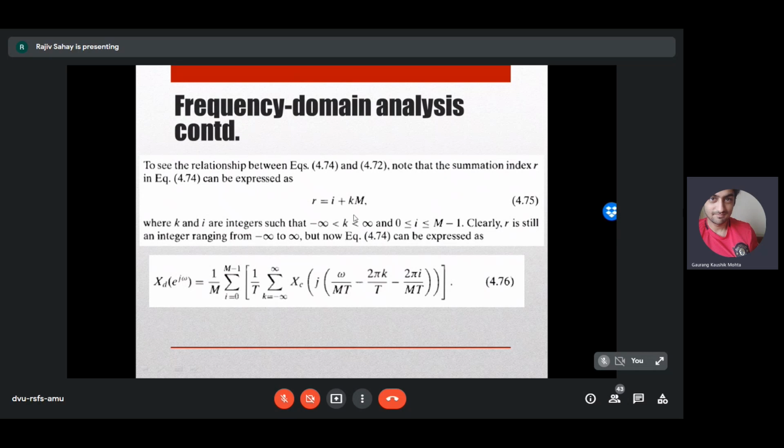It doesn't matter whether you retain a small finite part like this, with i going from 0 to M minus 1 and k going from minus infinity to plus infinity. You can do the simplification of r by writing it as i plus kM, and this will simplify your right hand side. r is going from minus infinity to plus infinity, and k is also going from minus infinity to plus infinity. The only thing you have done is take a small chunk from 0 to M minus 1 and write it as i.